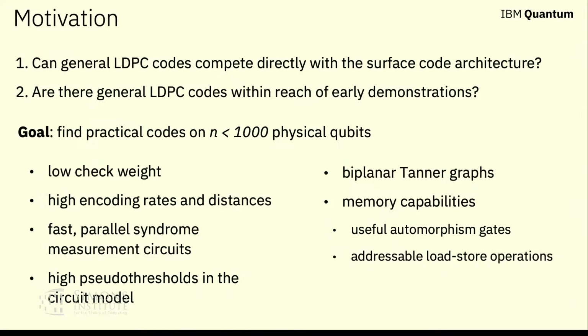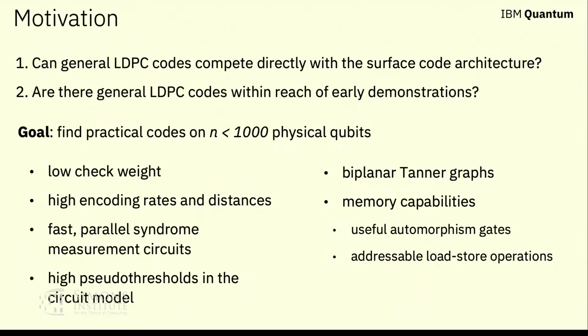Can we now design LDPC codes that are practical for that hardware and also of small size? So we'll restrict ourselves to less than 1,000 qubits. Then we have a bunch of criteria we want to put on these error correcting codes. For instance, we definitely want low check weight. This restricts the degree of the qubits that we need. We want high encoding rates and distances to reduce the overhead of error correction.